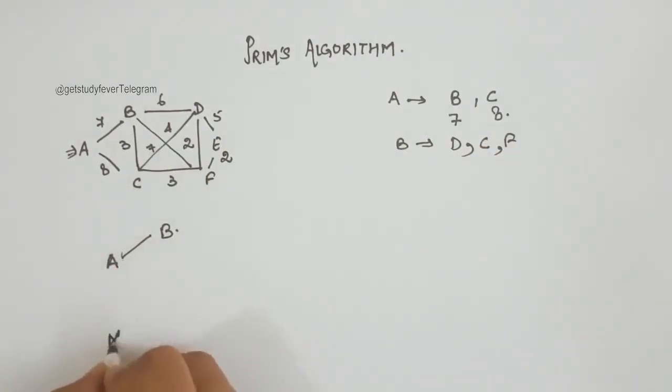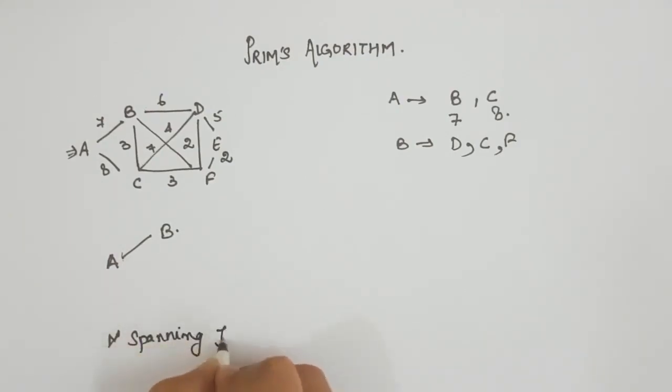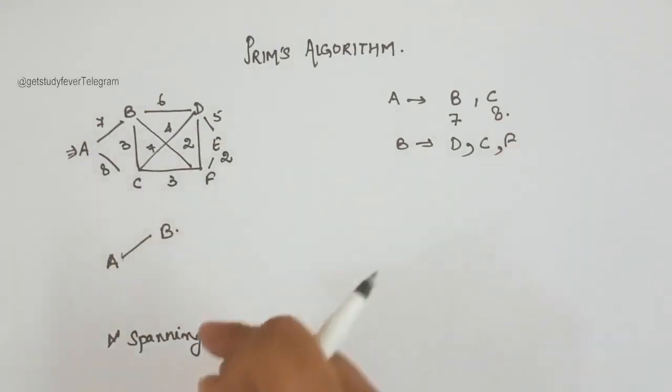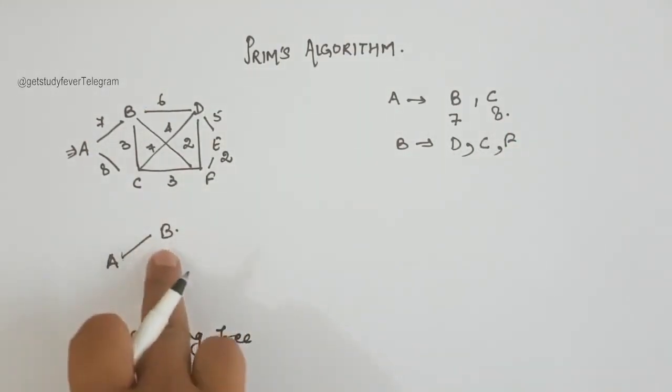So if I say that this is my spanning tree, I'm building the spanning tree. What are the vertices that are reachable from the vertices already in the spanning tree?